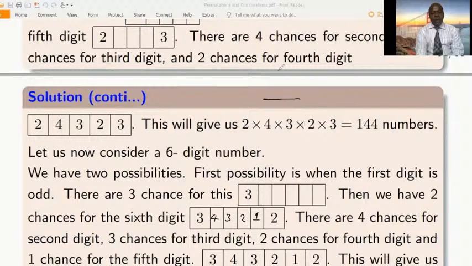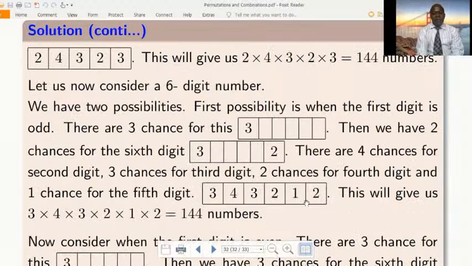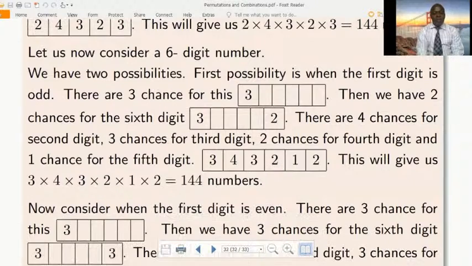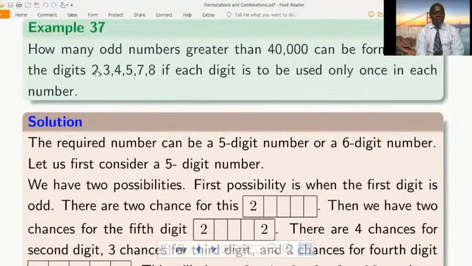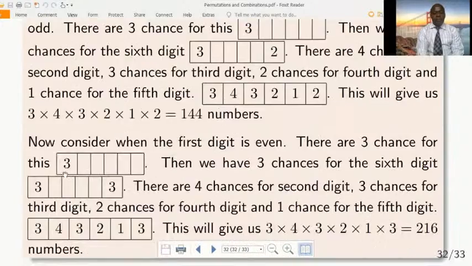That's what I did here. These are the chances. Now I look at the case where the first digit is even. Even numbers are 1, 2, 3, so you have 3 possibilities for the first digit. Then we fix the odd numbers, so you have 3 possibilities for the last digit.